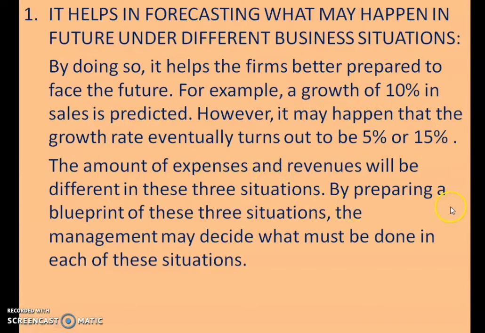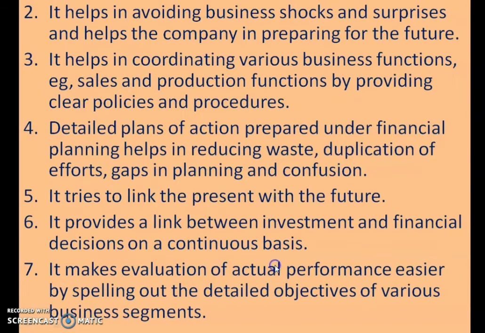So, by preparing a blueprint of these three situations, the management may decide what must be done in each situation. With all these three situations, financial planning has to be undertaken, and the solution should be prepared in advance. So there comes the importance of financial planning.